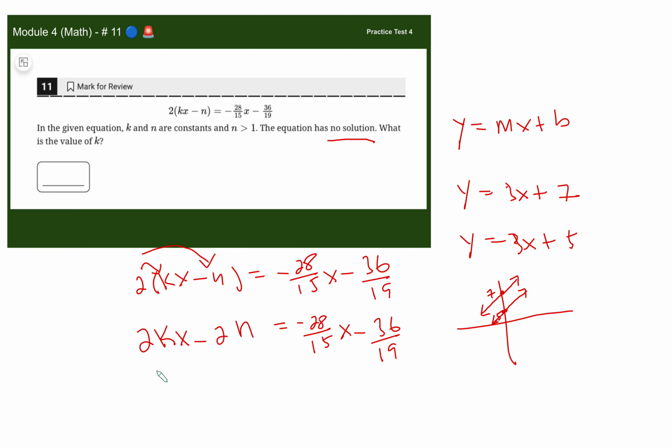So look, this is like a y equals mx plus b situation. And over here, this is also a y equals mx plus b situation. In fact, you could split them up.